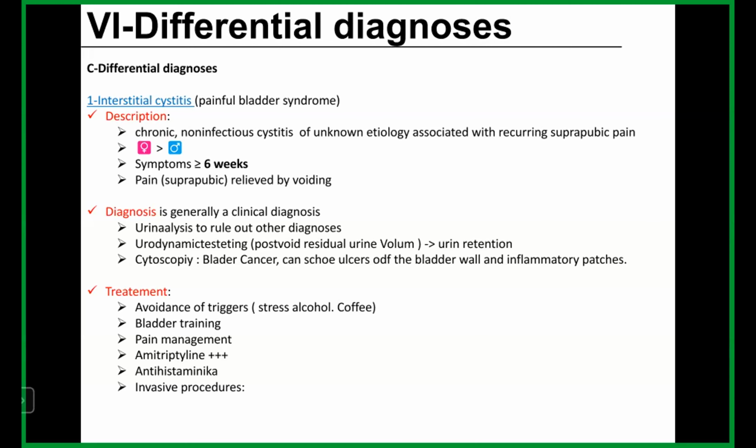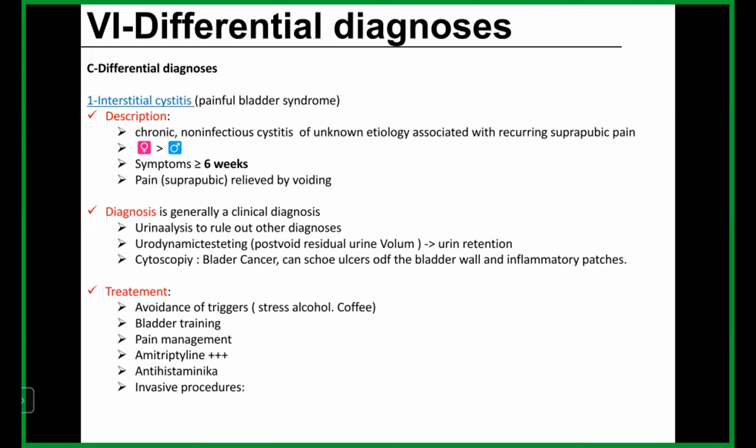To clarify the diagnosis for interstitial cystitis, we have to do, of course, urine analysis. Why urine analysis? Not to confirm the diagnosis of interstitial cystitis, but to confirm if it is a bladder infection or cystitis.